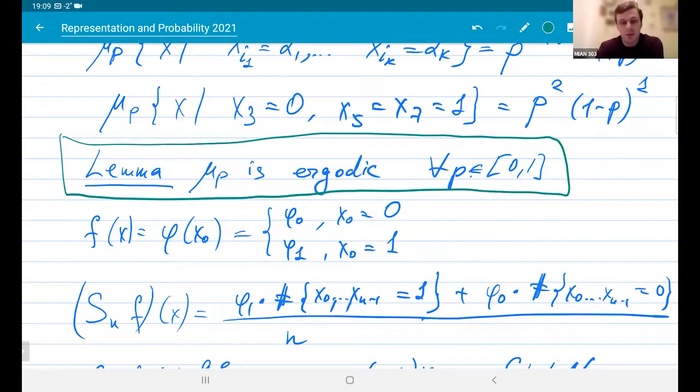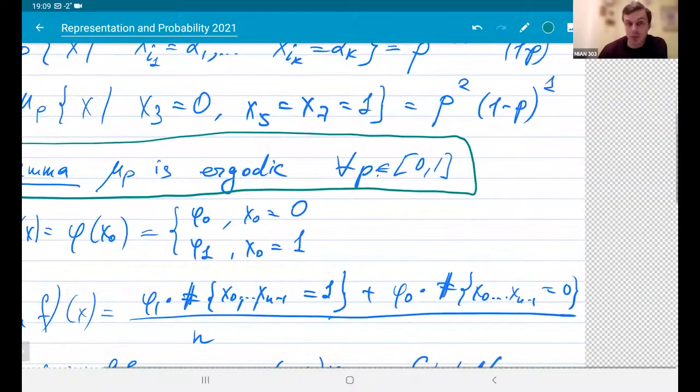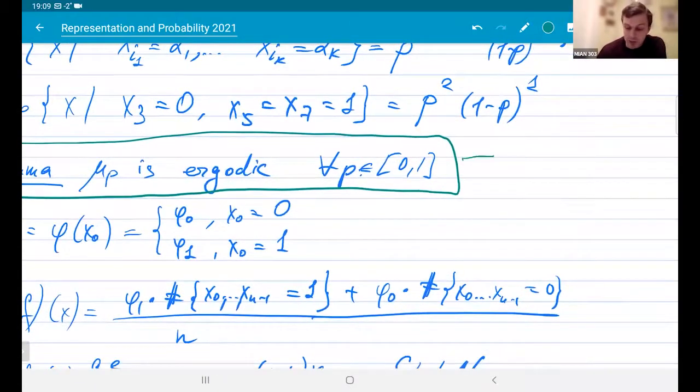I guess this would be one of the problems for our course. It's quite easy, but let me explain how one can prove this. In fact, μ_p is even more than ergodic.